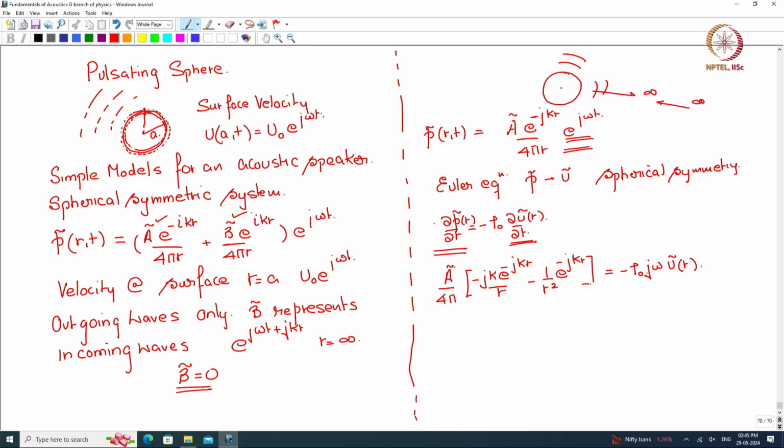So, now what do we have here? We have A tilde by 4 pi e to the power of minus j k r over r times minus j k minus 1 over r is equal to minus j omega rho 0 u tilde of r, and this minus can be removed.